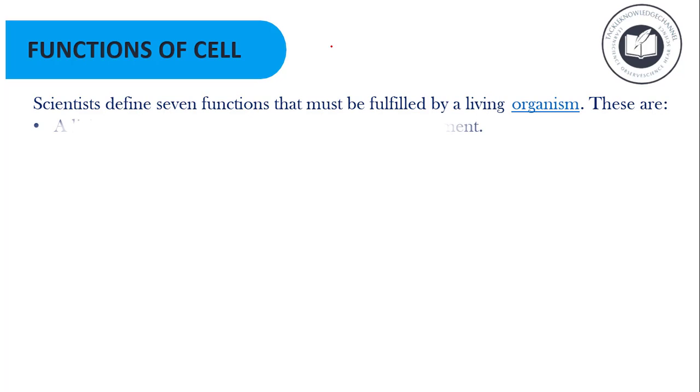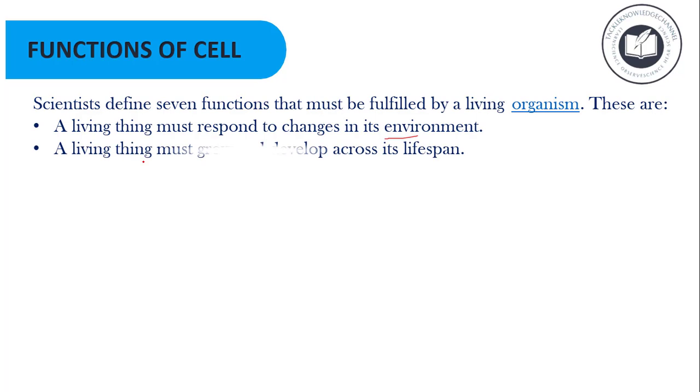These are, first, a living thing must respond to changes in its environment. Living things respond to changes based upon the environment. Next, a living thing must grow and develop across its lifespan.